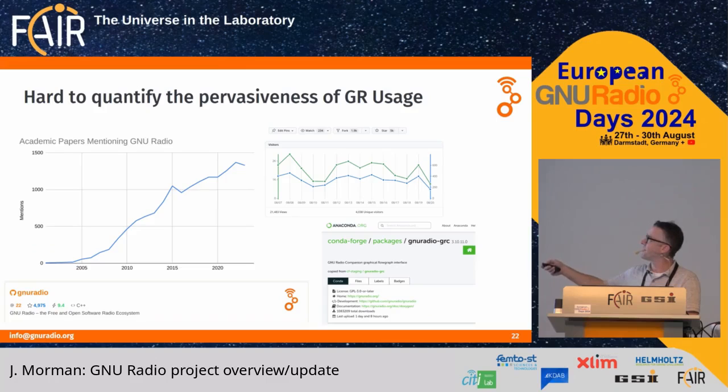Another one, this is visits to our GitHub repo. So it's just a random week in August, there were 4,000 unique visitors to our GitHub repo. And then Conda Forge, one of the newer ways that people can get and access GNU Radio. Now here, it says 1 million total downloads.